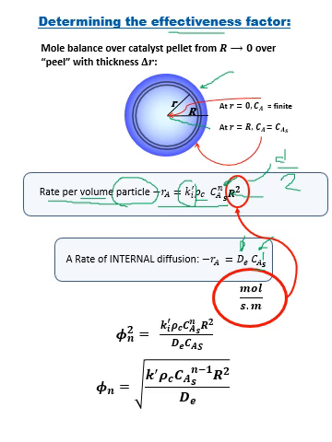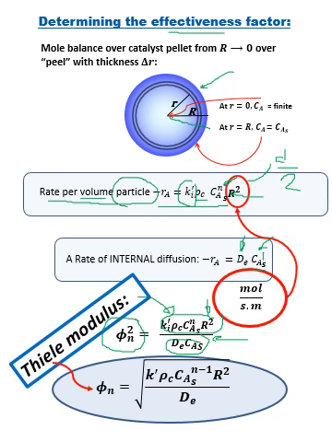If we now divide the two, the volumetric rate of the reaction modified to have units of moles per second per meter, divided by that rate of diffusion, at which rate can the stuff be delivered to the active sites, at which rate will they get consumed once they reach the active site, we have this new parameter, the square of this new parameter, a crucial parameter in this part of the theme, the Thiele modulus.